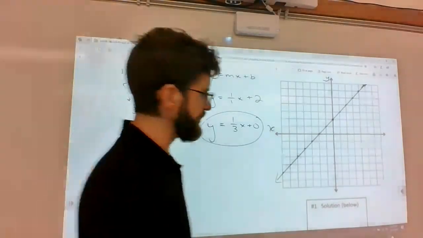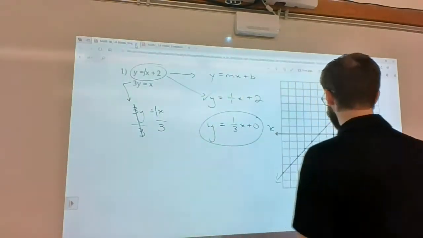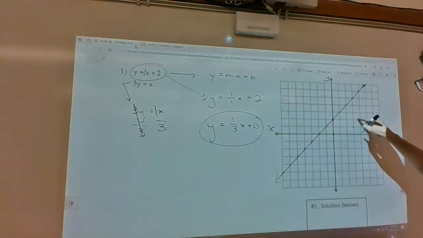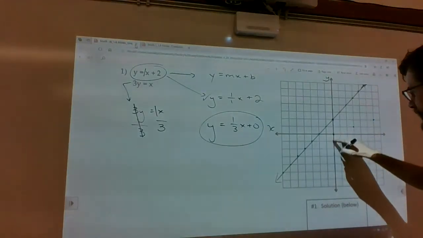The second one starts at 0 and then moves up 1, right 1, 2, 3. Up 1, right 1, 2, 3. Or down 1, left 1, 2, 3.